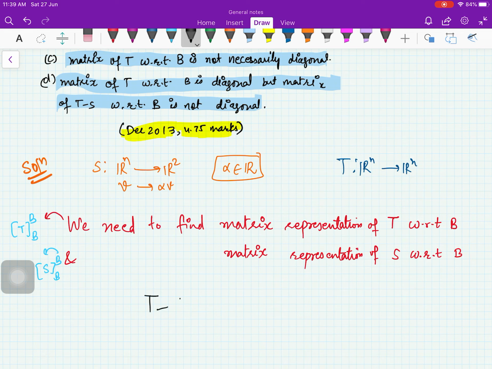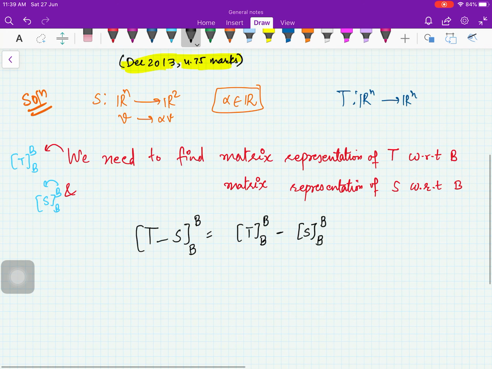Then we know that the matrix representation of T minus S with respect to the basis B will be the matrix of T with respect to the basis B minus the matrix of S with respect to the basis B. Now we know how to find the matrix representation.